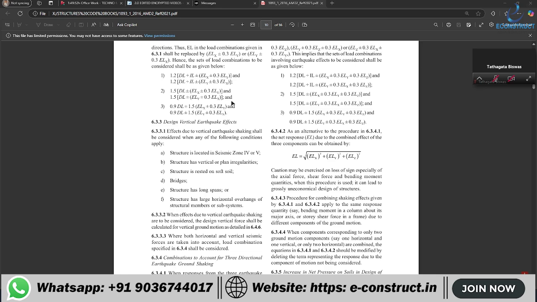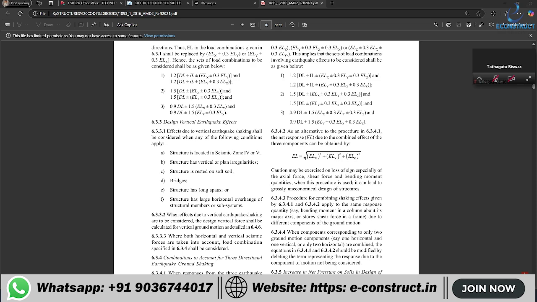See, SRSS combo is a different thing. What is SRSS we are doing for? For solving modal. What is SRSS? Do you know? Square root of... Okay.